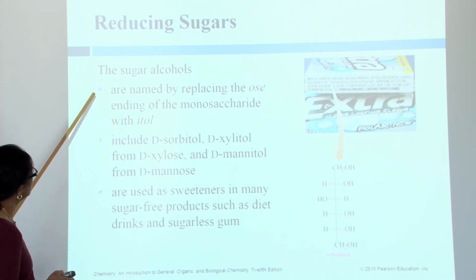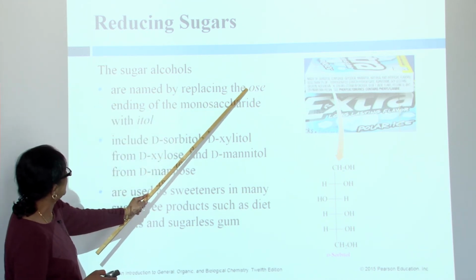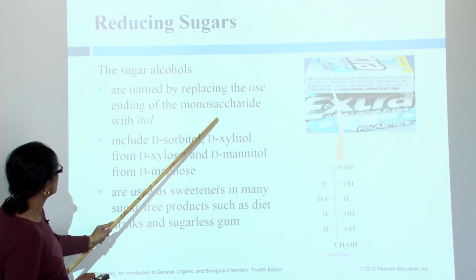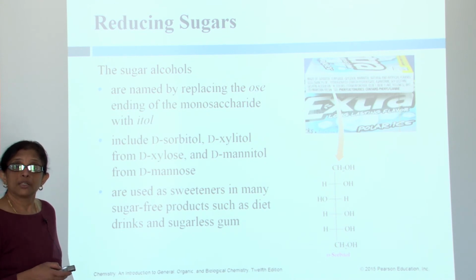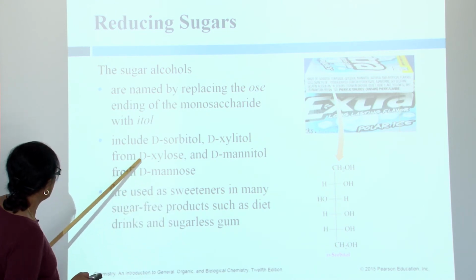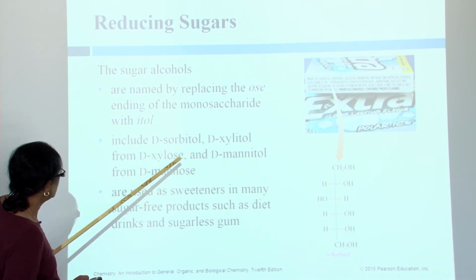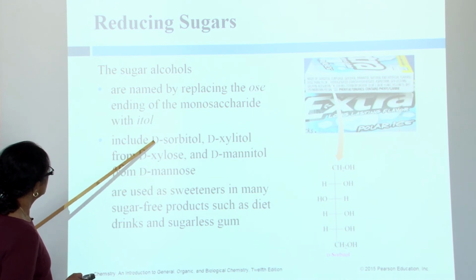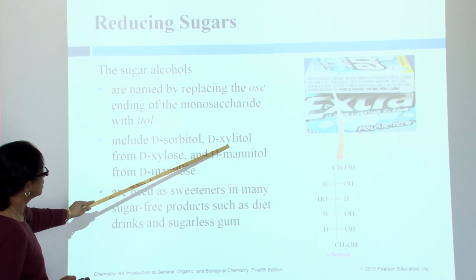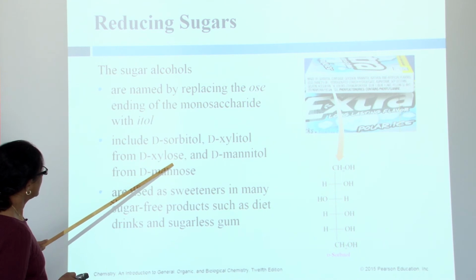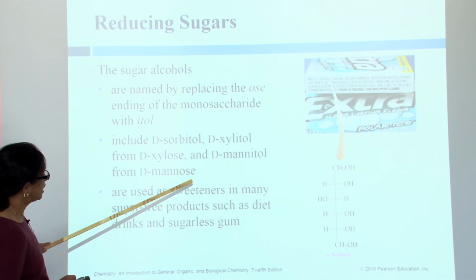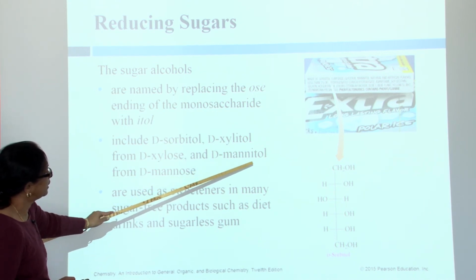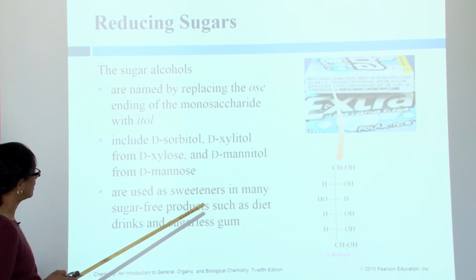Sugar alcohols are named by replacing the OSE ending of the monosaccharide with ITOL. Glucose, sorbitol; xylose, xylitol; mannose, mannitol. These are different examples. You change the name by replacing the last three letters with these letters.